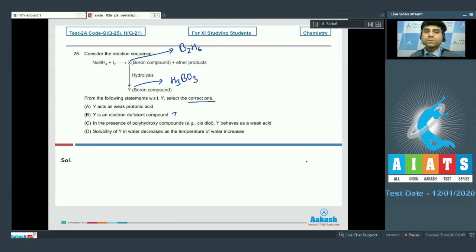Students, if we have polyhydroxy compounds like cis-diol, Y will have more acidic strength. So this statement is false. D says the solubility of Y in water decreases as the temperature of water increases. This is a wrong statement. Hence only one statement is correct, option B. Hence the correct answer for this question will be option B.